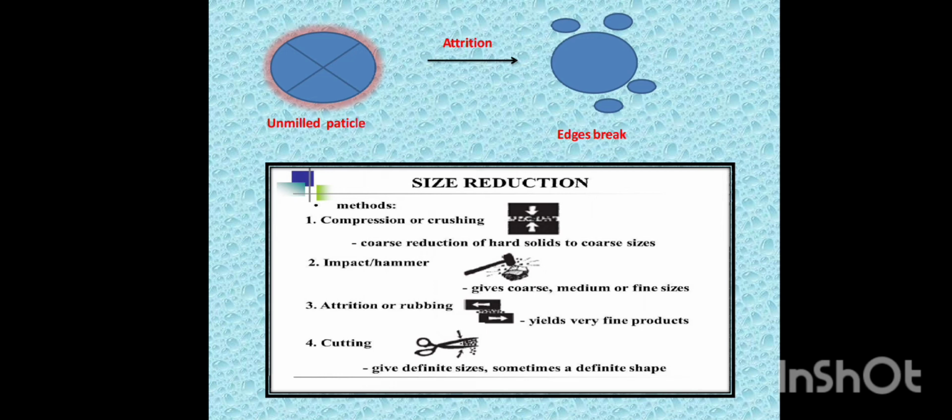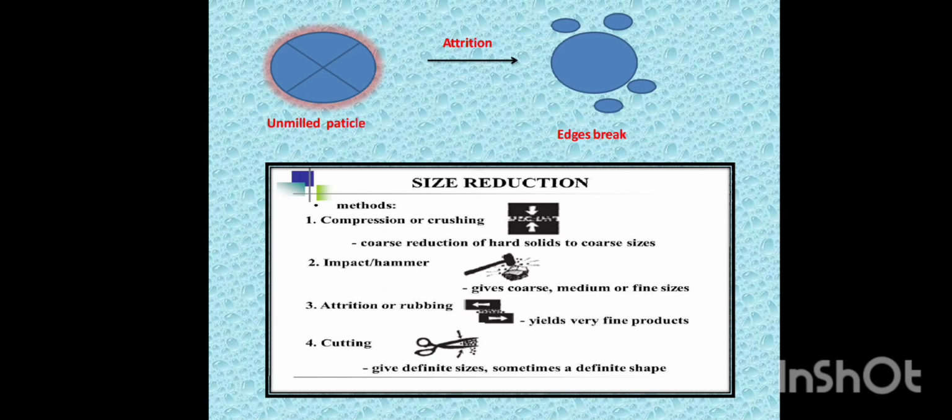Due to the continuous rubbing, shear force gets generated, and this shear force converts the particle into smaller pieces due to the breakage of the edges of the particle. These broken edges are considered smaller pieces, and this type of mechanism is called attrition.